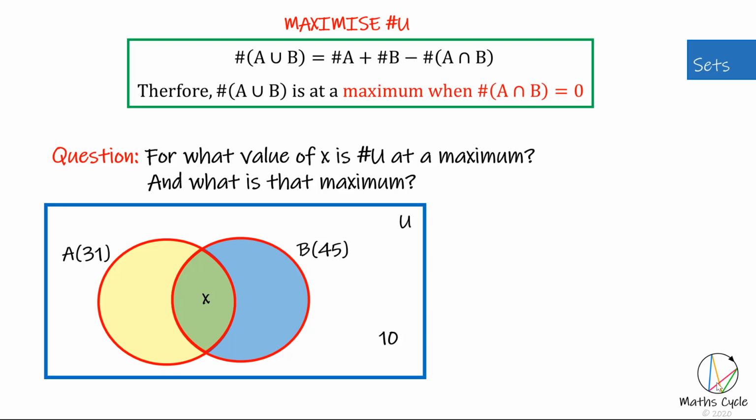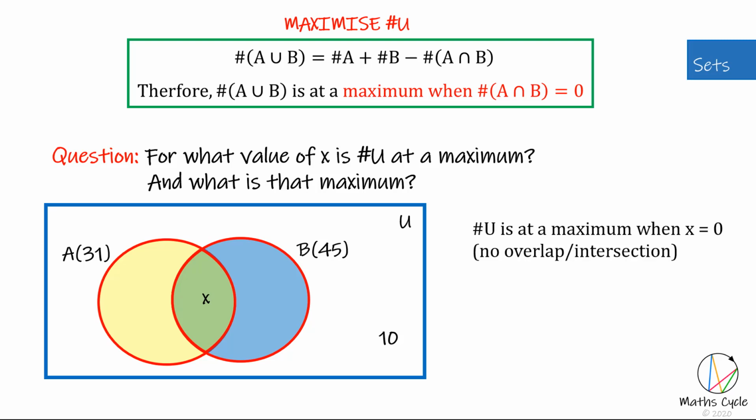So here we have a question, for what value of x is the cardinal number of U at a maximum, and what is that maximum? So here we have x is the number of elements in the intersection. A has 31 elements in it, B has 45 elements in it, and there are 10 elements not in A union B. So for what value of x is the cardinal number of U at a maximum? So it's when x equals 0. Okay?